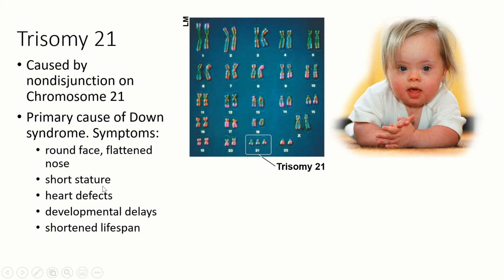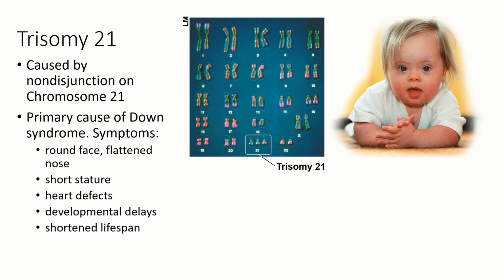Individuals with Down syndrome tend to be very short. They have heart defects, interestingly enough. Their mental and physical development is delayed, and they tend to have a shortened lifespan, although we have learned a lot more about caring for people with Down syndrome, and they are living much longer lives than they used to.